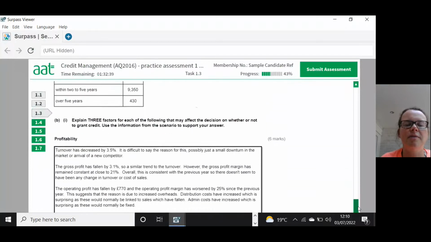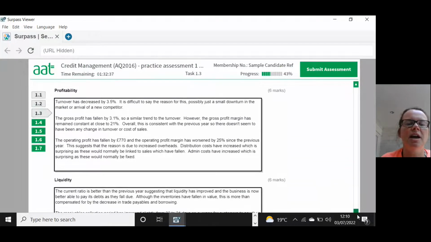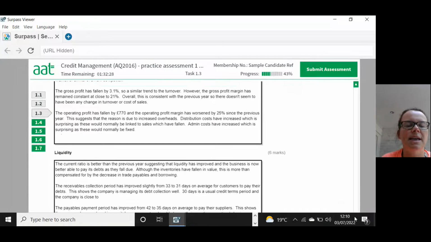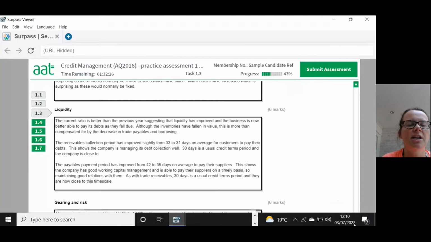So we just have a quick reminder of what we've said. Turnover and gross profit margin seems okay. A little bit of an issue with their cost control. Liquidity, pretty good.